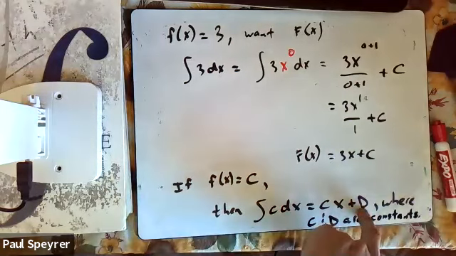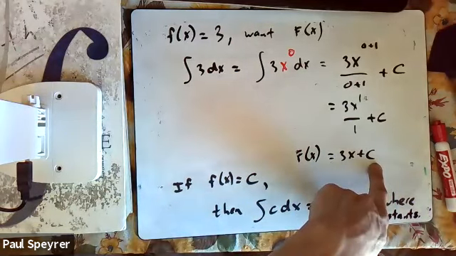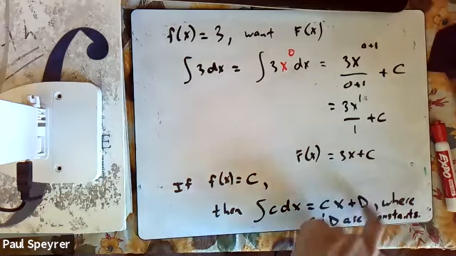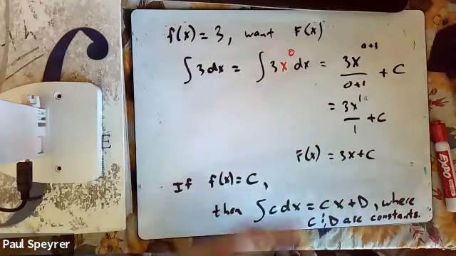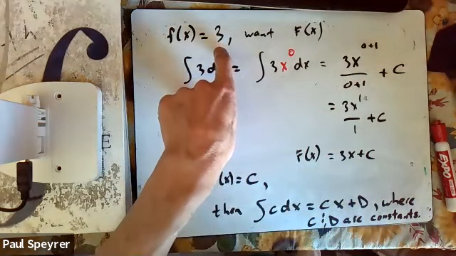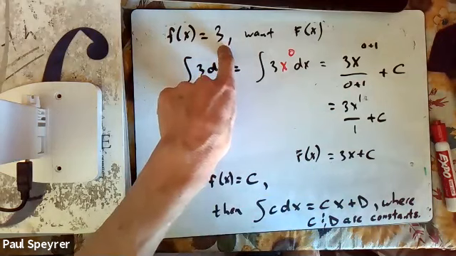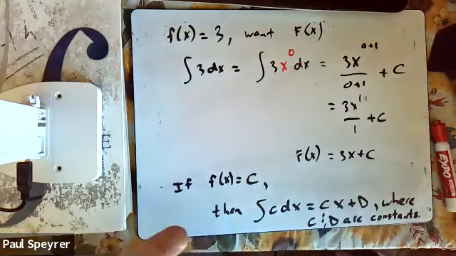This d is the same thing as this c right here. I just changed the letters, because I didn't want to put cx plus c. So anytime you're trying to find the antiderivative of some constant, you just slap an x onto it.